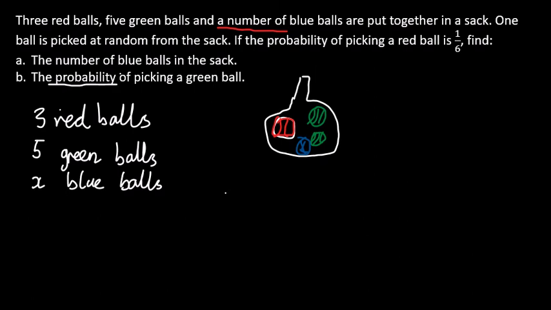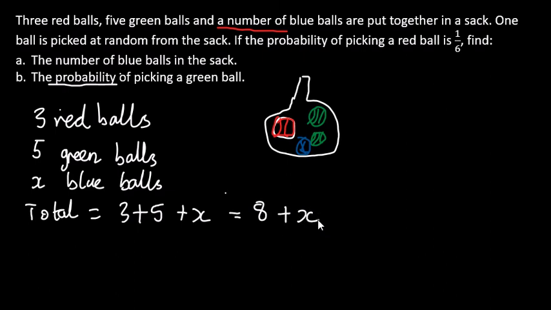Now, these are given. To know the total number of balls, we are going to add these 3 different types of balls that we are given. So the total number of balls that we have is going to be 3 plus 5 plus x. 3 plus 5 is 8, so it's going to be 8 plus x.